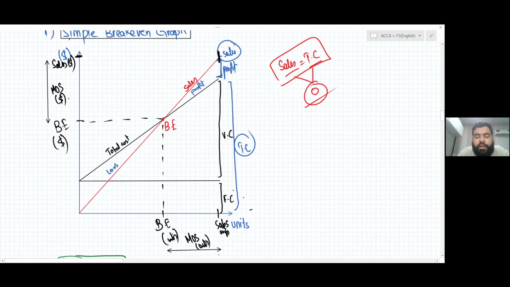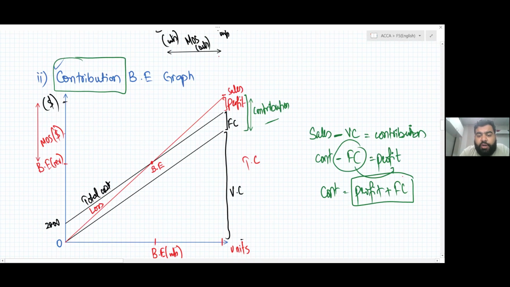Obviously you can add fixed cost plus profit and get the answer, but graphically you are not able to plot the contribution, because there is a variable cost between them. But in this graph you can easily identify contribution, because fixed cost plus profit is contribution.